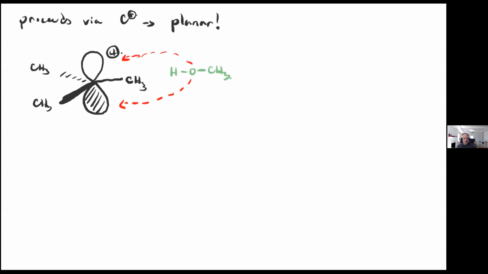That's one of the big measurable differences between the SN1 and the SN2. In the SN2, you always get inversion of stereochemistry.